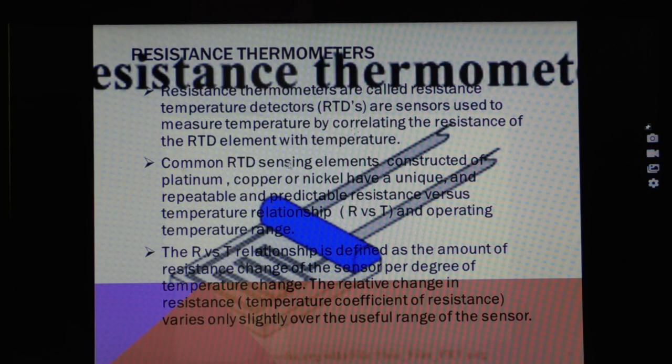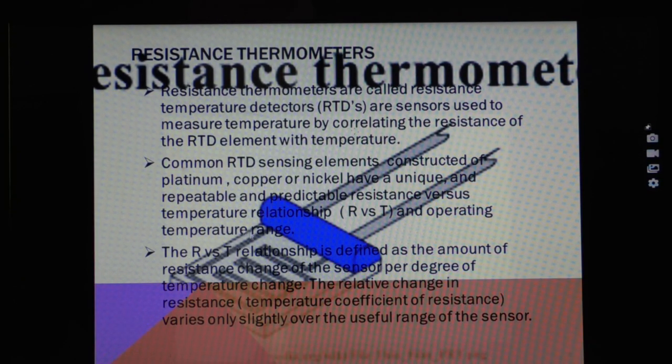Common RTD sensing elements constructed of platinum, copper, or nickel have a unique, repeatable, and predictable resistance versus temperature relationship. So this relationship which exists between R and T is what we use to construct this resistance thermometer.